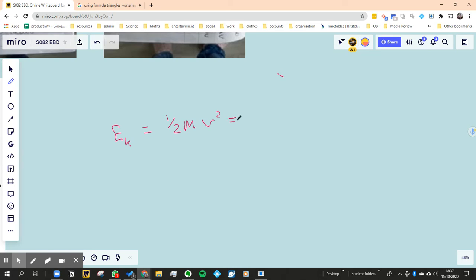So you could rewrite this as half times m times velocity times velocity, or you could think about it as m divided by 2 times velocity times velocity, or as m times velocity, all divided by 2. They're all the same thing. It doesn't make any difference which way round you do it.